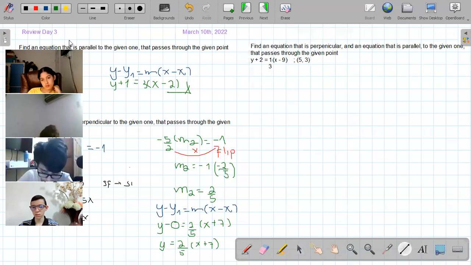Okay, that would be your equation. Y plus 2 is equal to 1/3, parentheses, x minus 9.